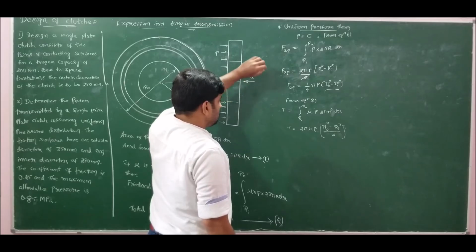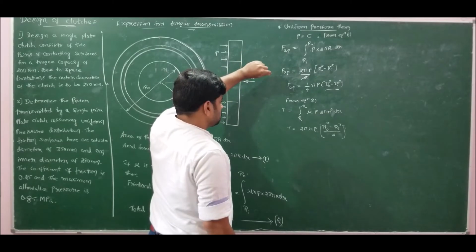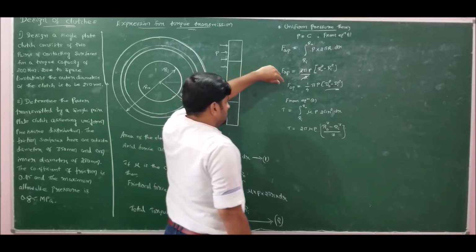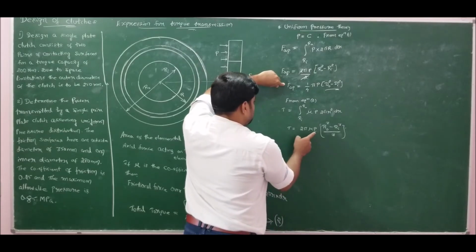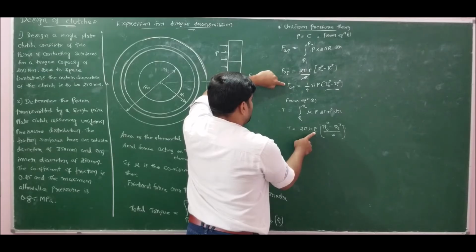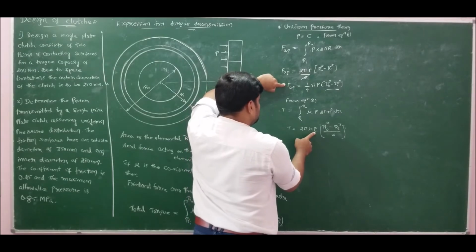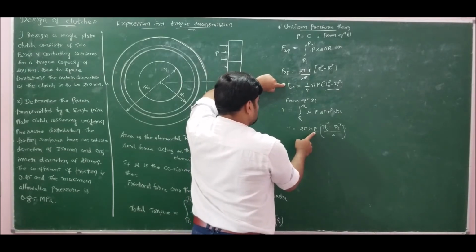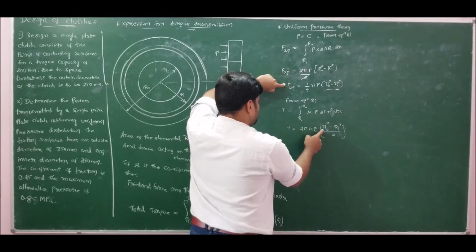If you observe, we can substitute for pi times p as 4 FAP by d naught square minus di square.